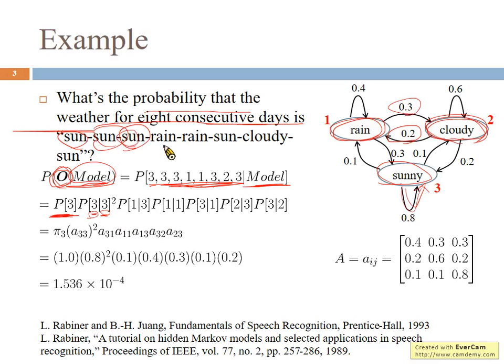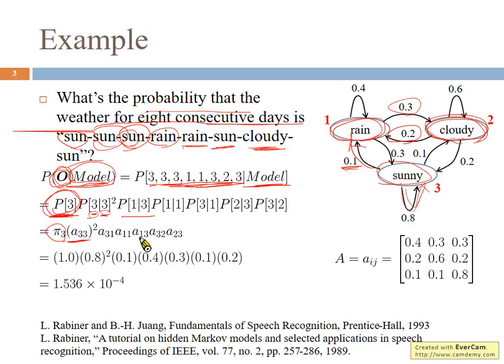And then sunny changing to rainy, the probability of sun changing to rain would be 0.1, and so on. And then rain to rain, rain to sun, sun to cloudy, and cloudy to sun. So we can calculate the probability. The original probability of state 3 is pi 3, and then the transition probability from sunny to sunny is A33.